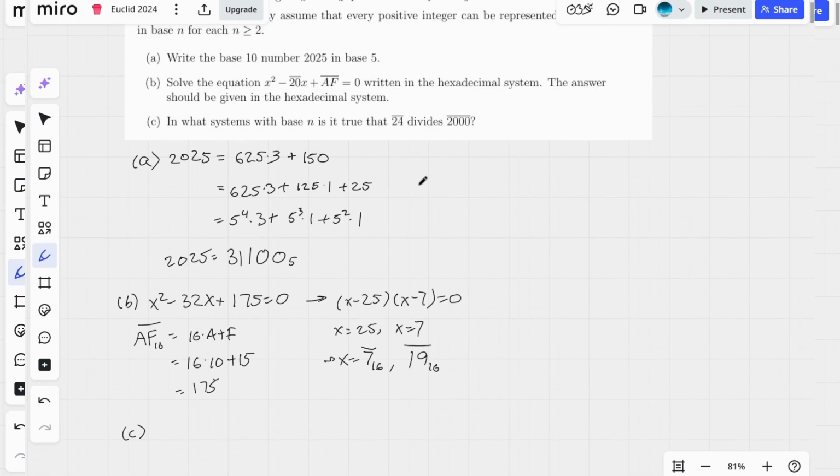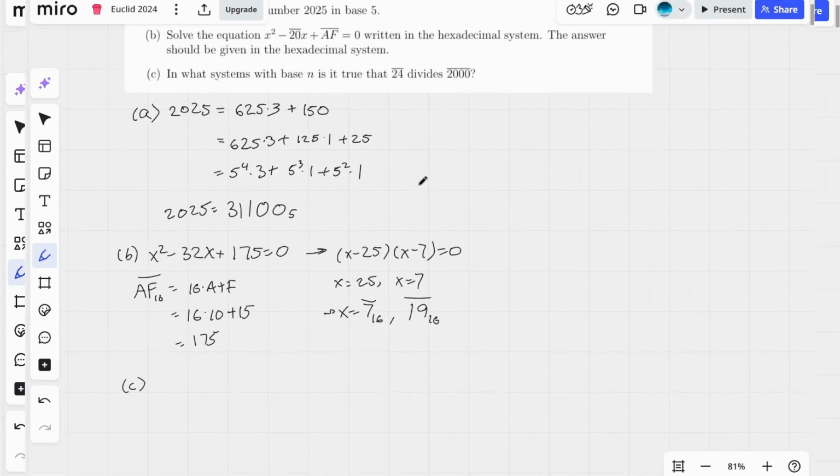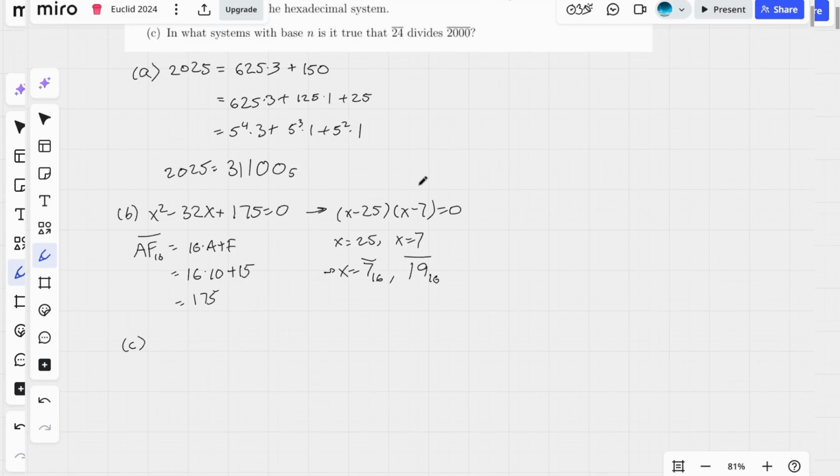Finally, part C. In what systems with base n is it true that 24 divides 2000? So once again, we can convert both of these into base 10. So 24 in base n would be equal to 2n plus 4.